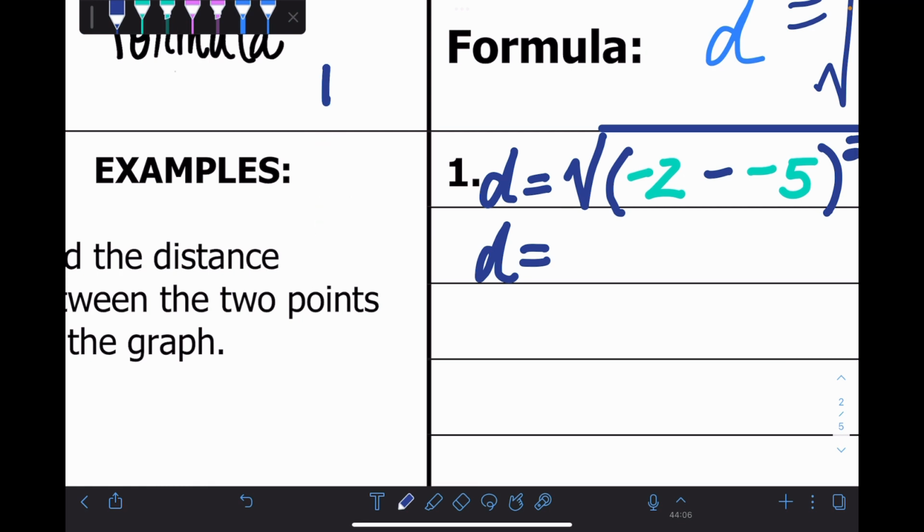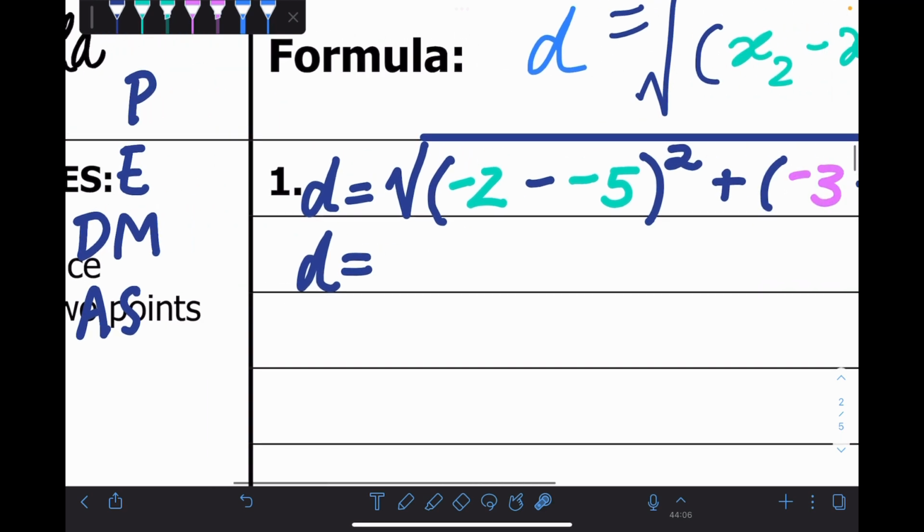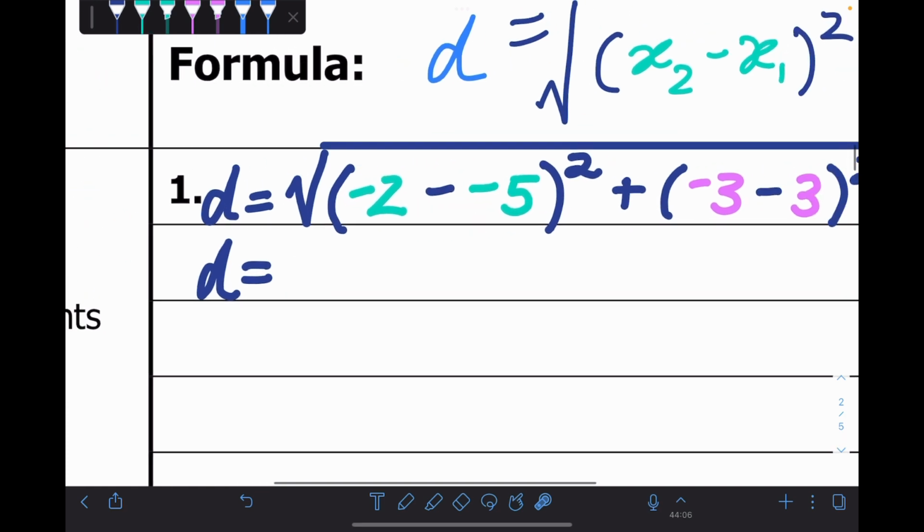Actually, I'm going to write PEDMAS. P is parentheses, and parentheses means brackets. That's why we have B in BOMDAS. So I'm going to do what's in my brackets first.